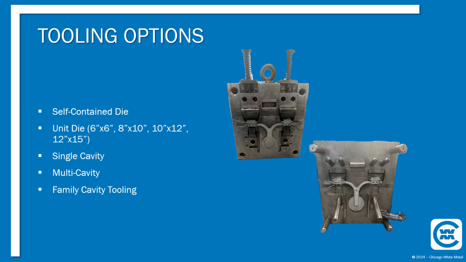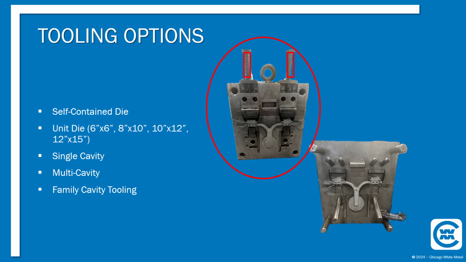What's on the screen here is a 2-cavity tool. You can see it's got mechanical side actions to form a feature on the top here. So those go up in this direction as the tool closes and forms the features from that side action. So again, there are multiple options, single cavity, multi-cavity.